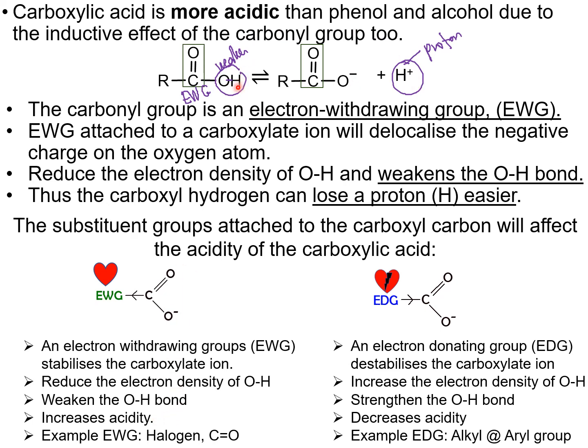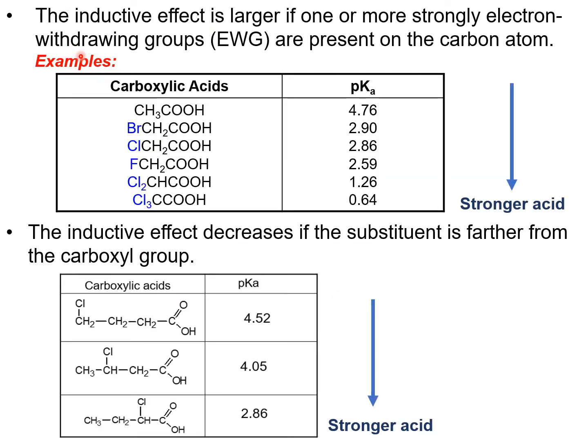Kalau dia susah nak lose the proton, dia punya acidity will be decreased. Okay, tadi kita dah bagi tahu kalau let's say your carboxylate ion dia ada kehadiran electron withdrawing group. Contoh electron withdrawing group ni adalah carbonyl C double bond O ke ataupun halogen group.